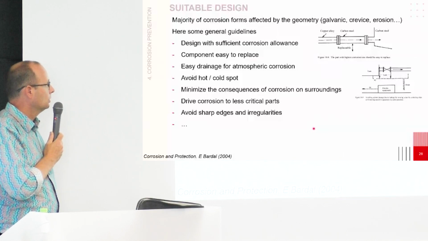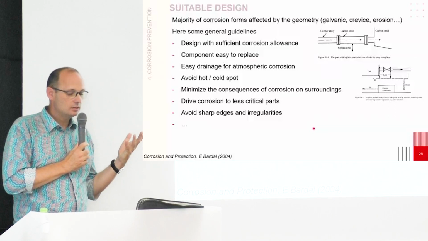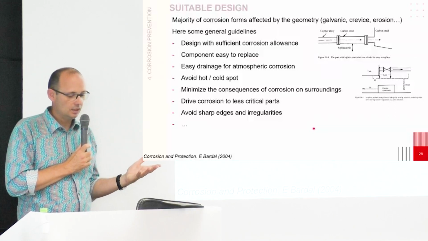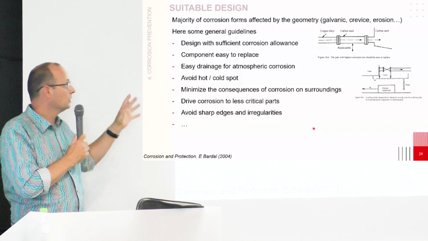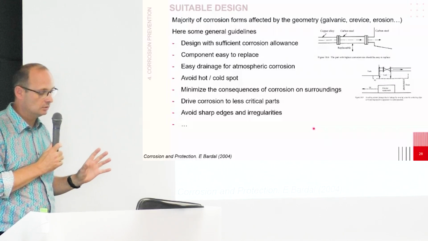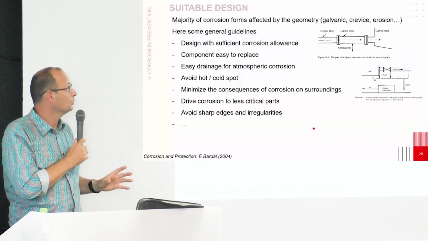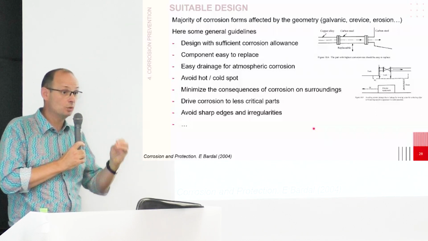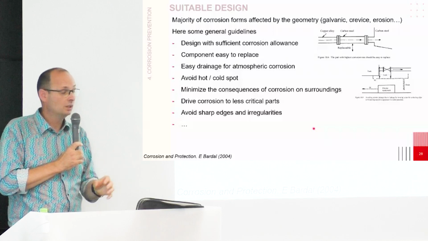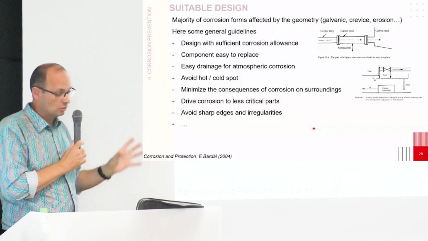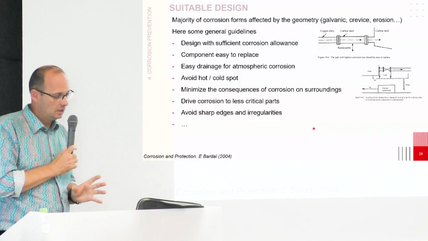Another key point for corrosion is the design. What we can observe in companies, when we are doing expertise, is that the majority of the corrosion forms are affected by the geometry of the component itself. It can be galvanic corrosion, crevice, erosion.